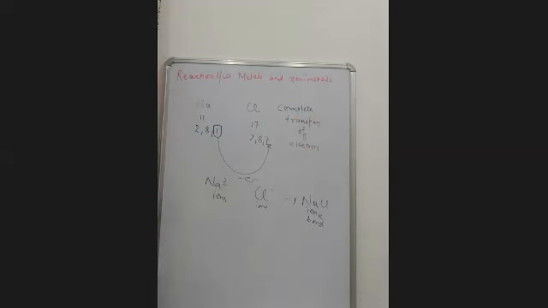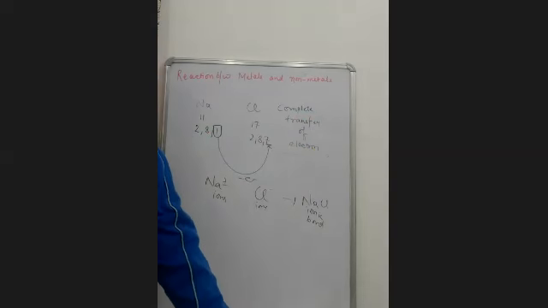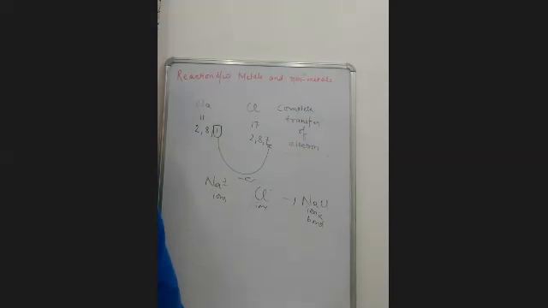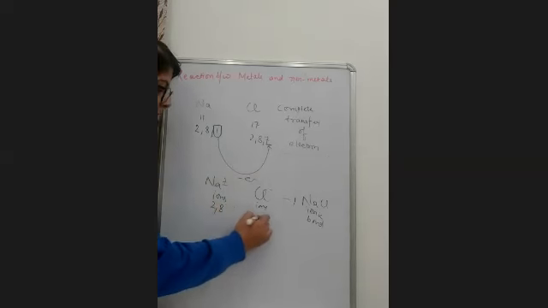As one requires an electron to complete its octet, and the other needs to lose 1 electron to complete its octet, in both cases both elements completed their octet like this.